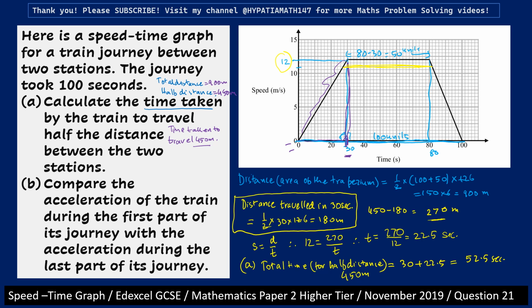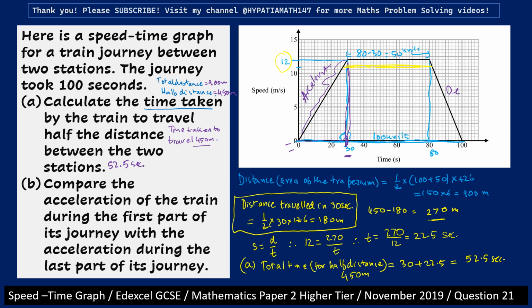Okay, so 52.5 seconds. So we got our first answer, so we will get some marks here, probably all the marks. Next we have to compare the acceleration of the train during the first part with the acceleration on the second part. First thing to note is this is acceleration and this is deceleration.